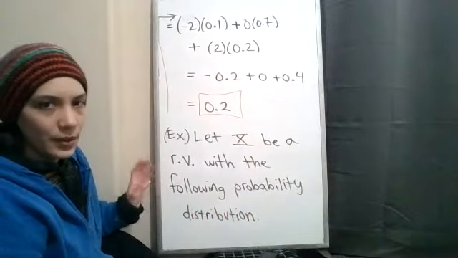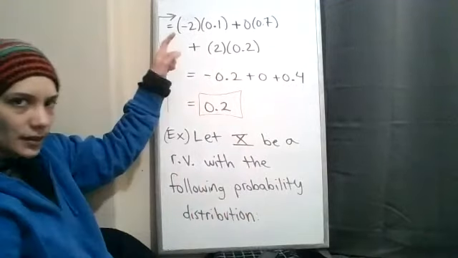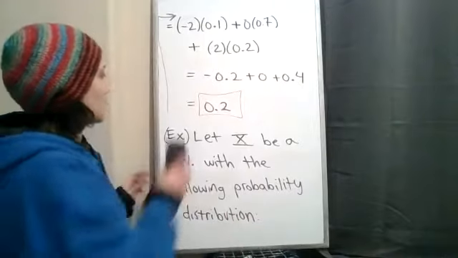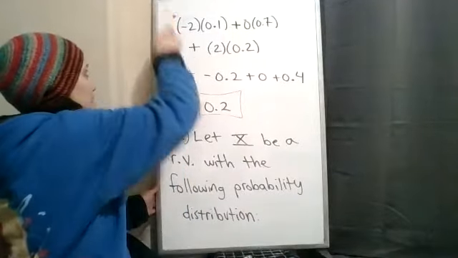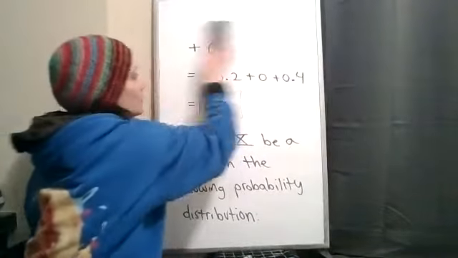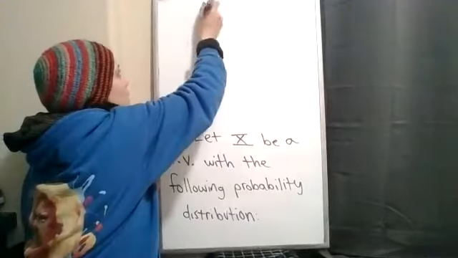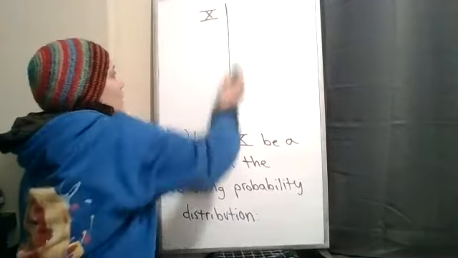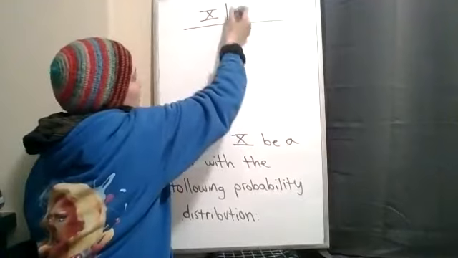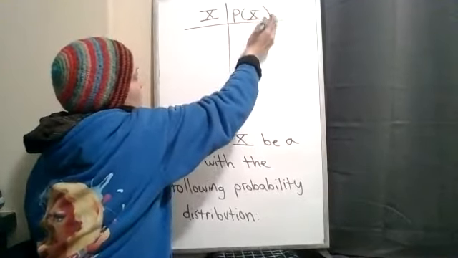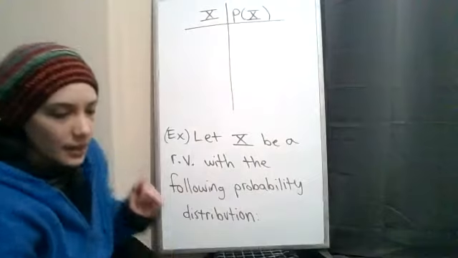Okay, again, we will draw the distribution up here. X over P of X. All right.